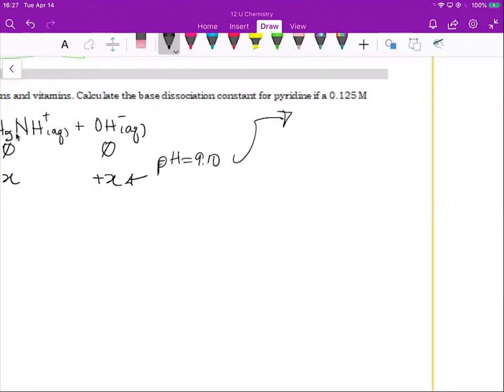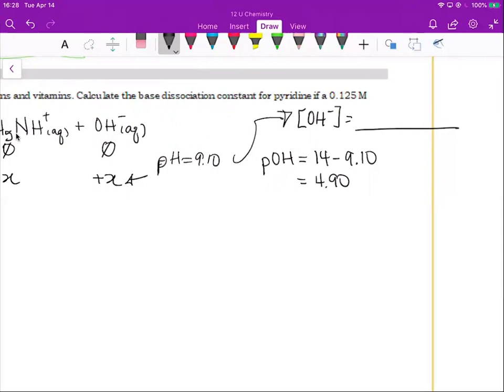If my pH is 9.10, I can get to my concentration of hydroxide, but it requires a little bit of mathematical gymnastics. First, I have to find the pOH, 14 minus 9.10, which is going to be, come on, I should be able to do this in my head. 4.9.